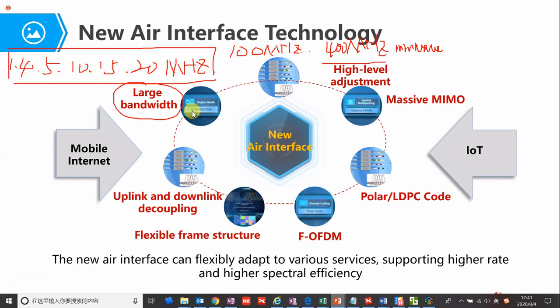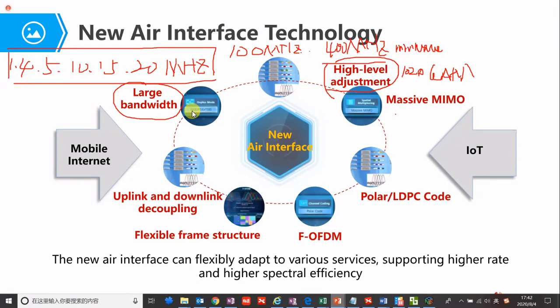And the second is high level modulation, to provide more bandwidth. Like we can support 1024 QAM. It can improve the throughput.